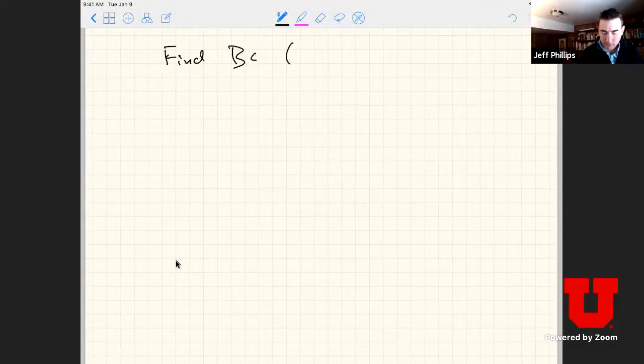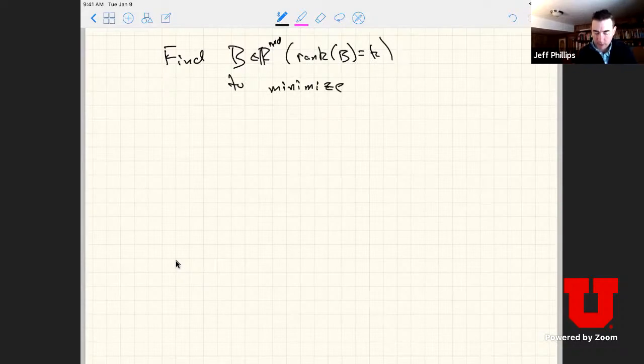So in R^(n by d), rank B equals k, to minimize either the sum of i equals 1 to n of ||ai minus the projection of ai onto B|| squared.